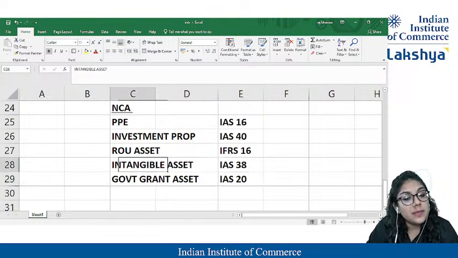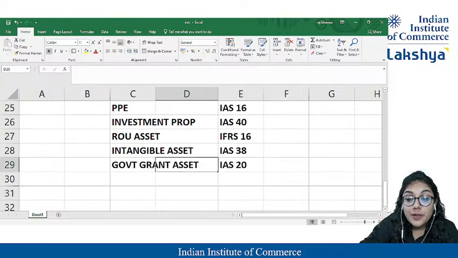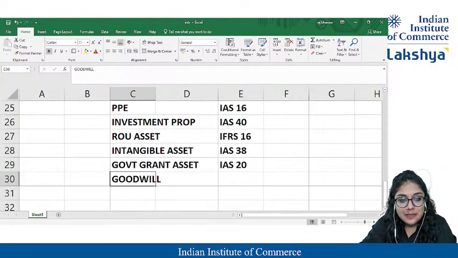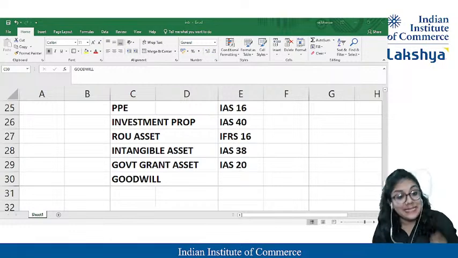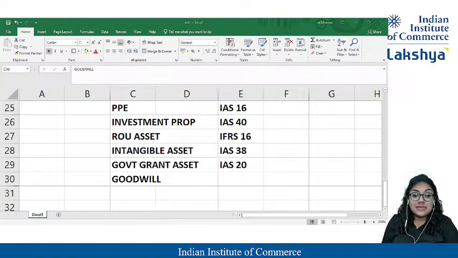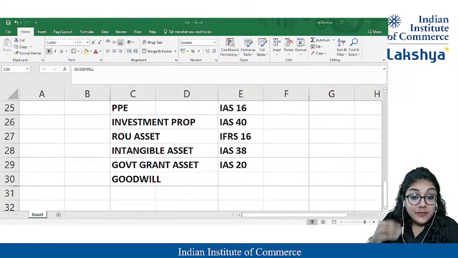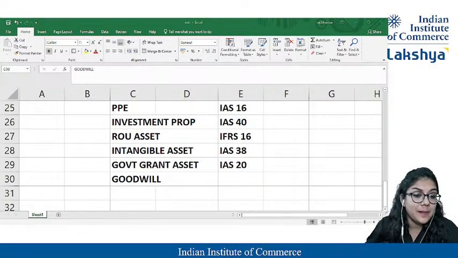When I was talking about intangible assets, I emphasized the word goodwill. Do you remember goodwill? Ma'am, you're telling goodwill is altogether different, that goodwill is not an intangible asset? No. Goodwill is an intangible asset, but the definition of intangible asset says that the asset you are possessing should be identifiable and separable.